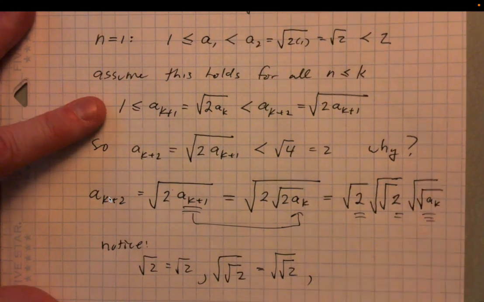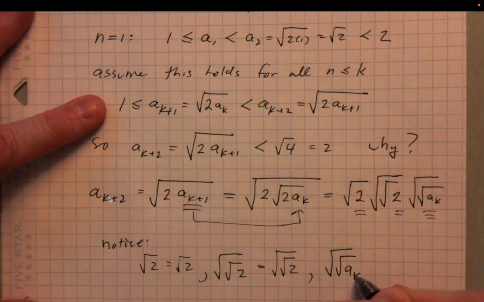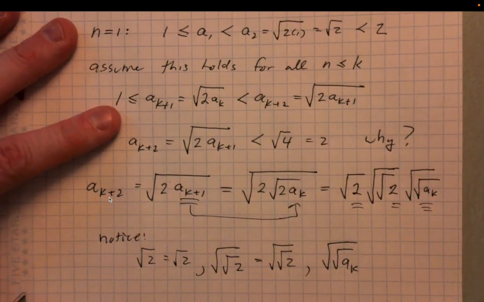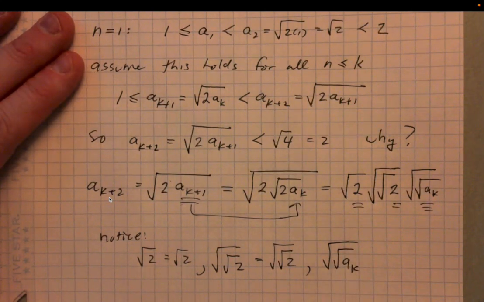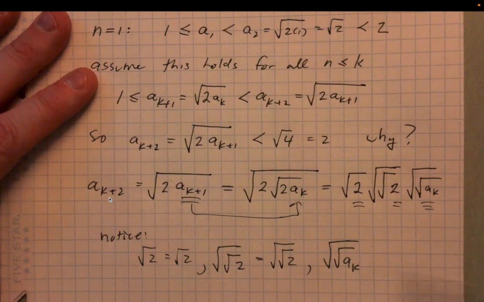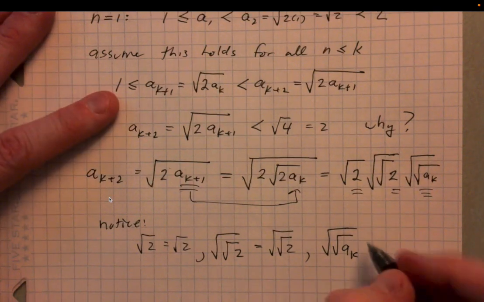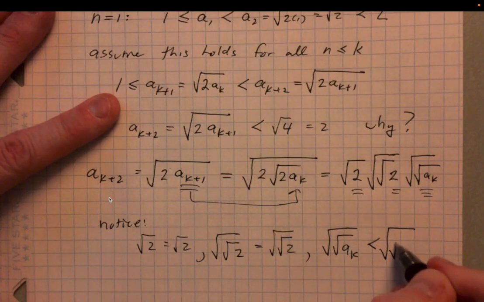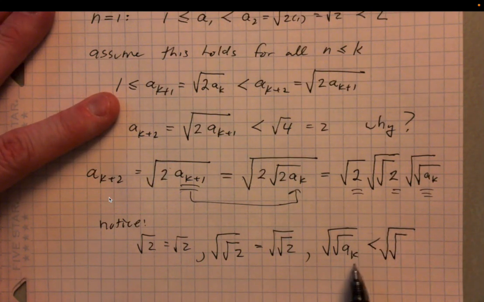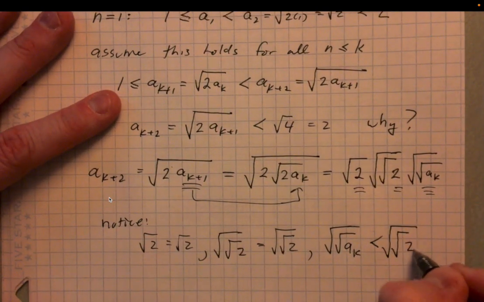What about this one? What about that one? Well, the square root of the square root of a sub k. We know that a sub k is less than 2, by induction, by the previous pieces. So a sub k is less than 2, so the square root of the square root of that must be less than the square root of the square root of 2.